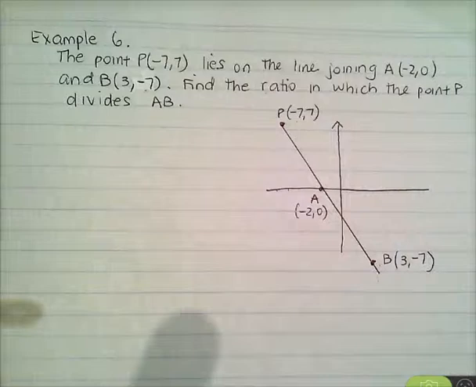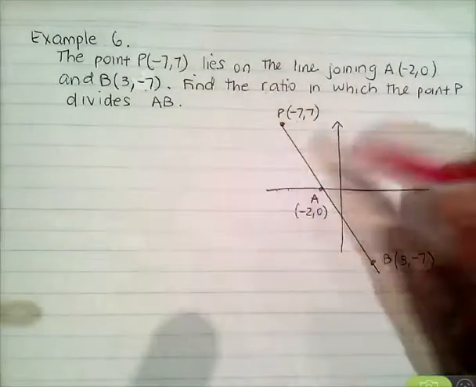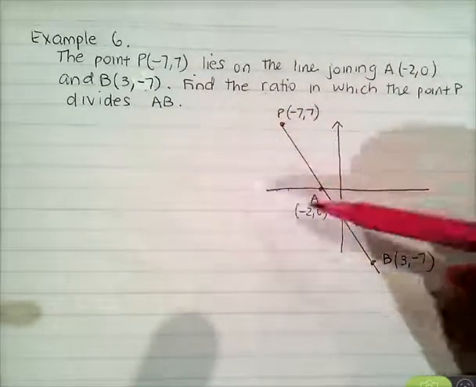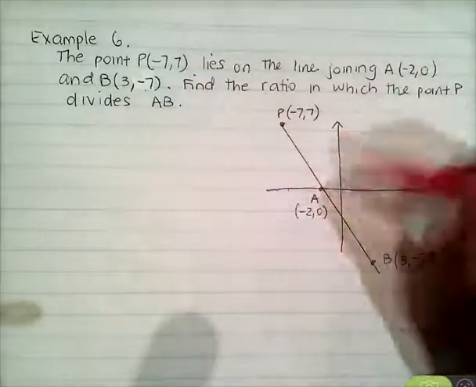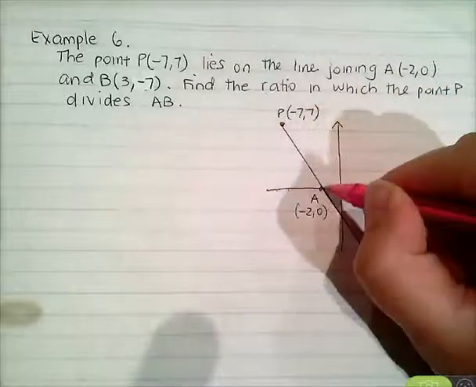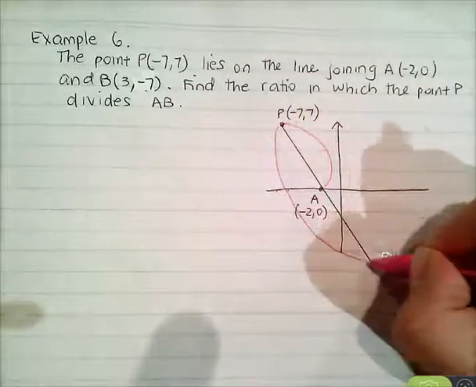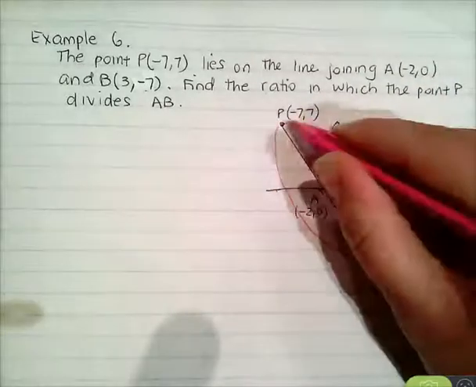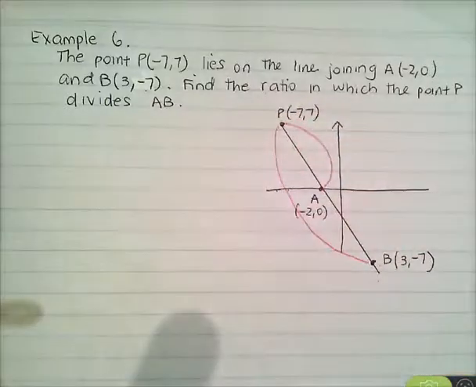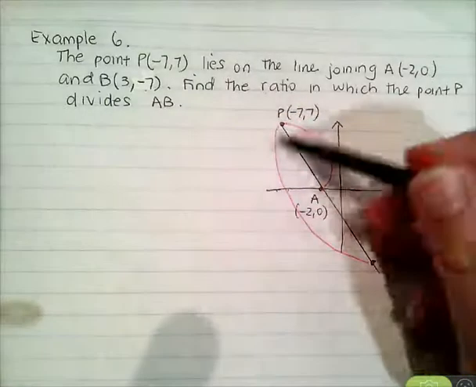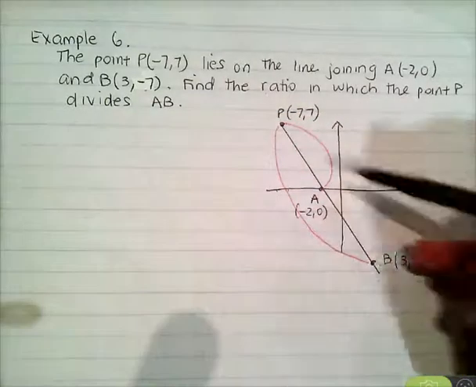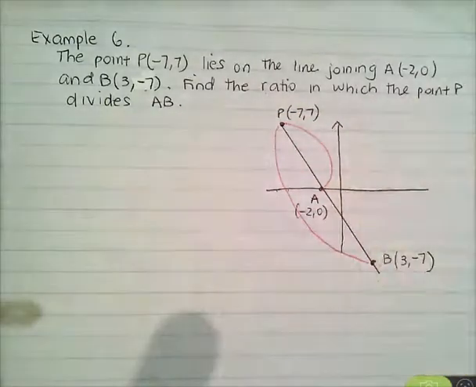It is going to be a negative ratio, so one of the answers will be positive and the other one will be negative. And remember, the ratio is going from A to P and then from P to B. Notice that A to P is smaller than P to B, so we're expecting a smaller number first and then a larger number next, and with also a negative sign.